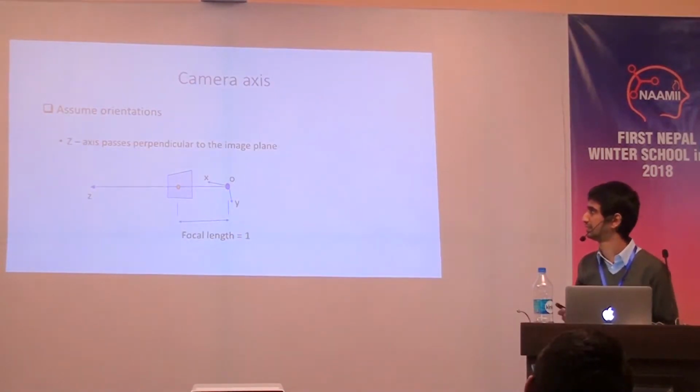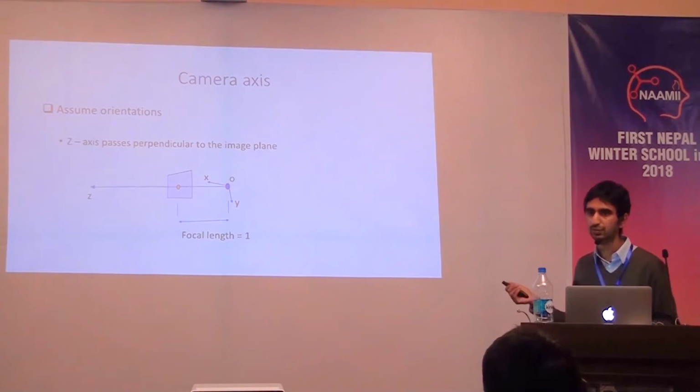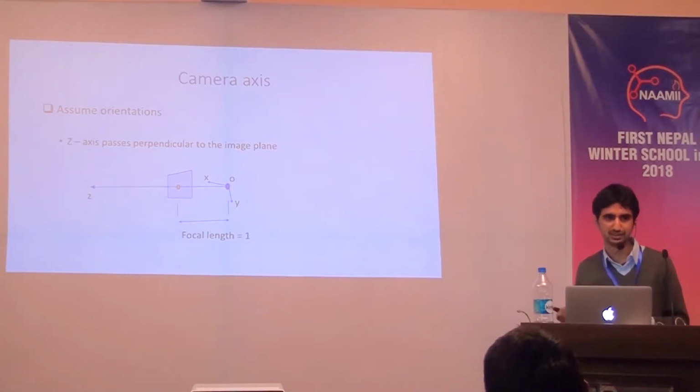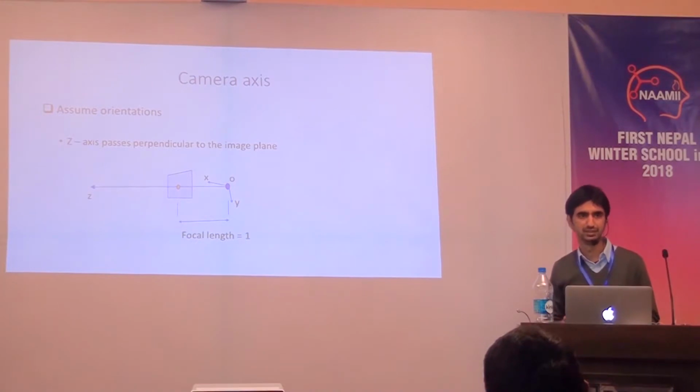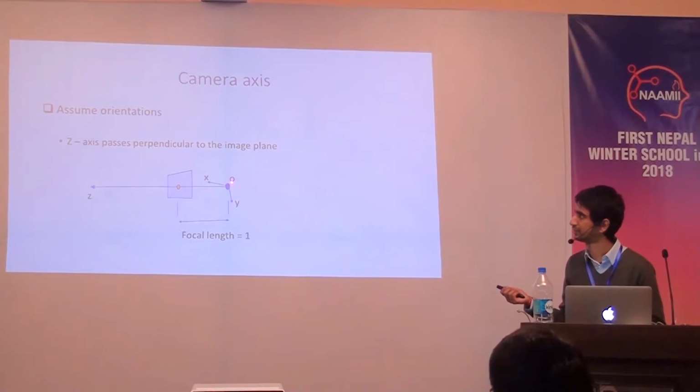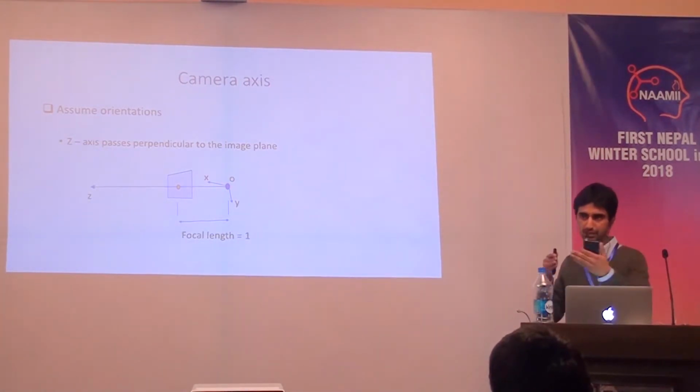So now let's expand it a bit. It's always convenient to model coordinate axes when you are defining cameras and projections. So we define the z-axis as the line passing from the camera center, perpendicular to the plane.